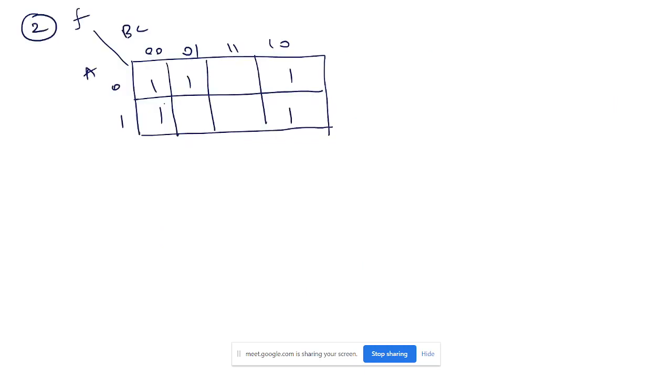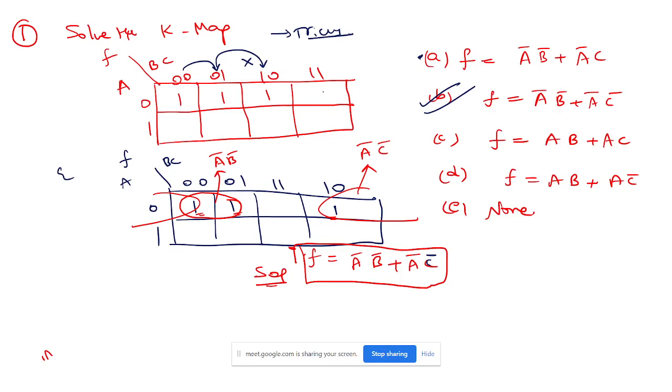Okay, next problem. Solve this. I just shifted this column this side, this column this side.